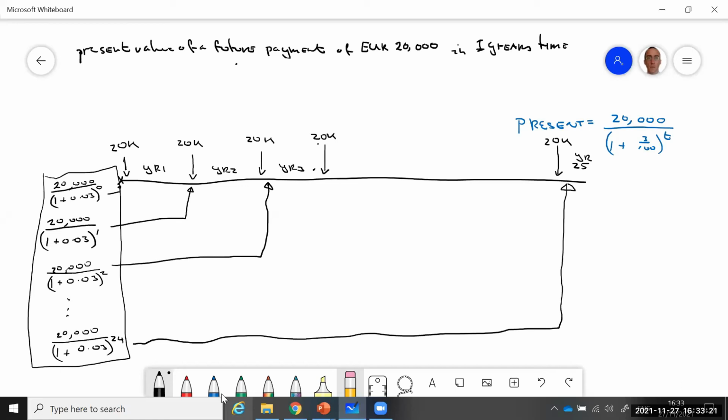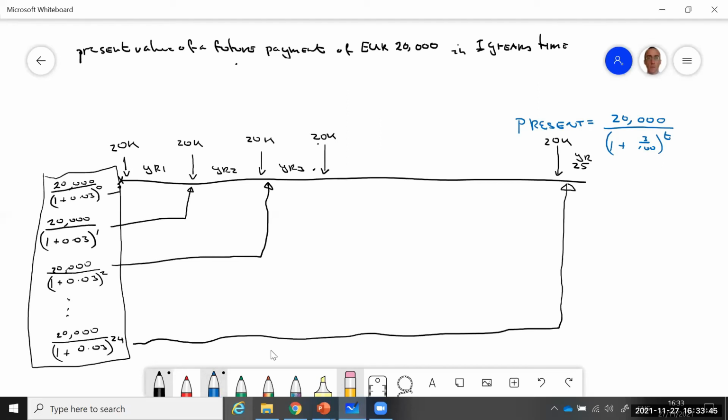So this is a geometric series. We have 20,000 over 1 plus 0.03 to the power of 0. The next one is 20,000 over 1 plus 0.03 to the power of 1, and so on. So I'll change the blue text.